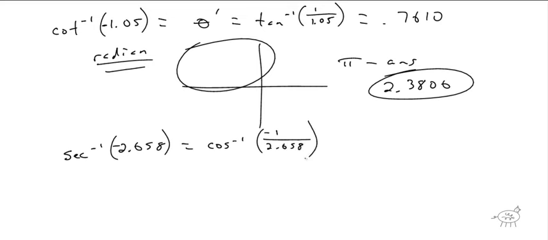So you're allowed to take the reciprocal of a ratio, as opposed to if I said what's the secant of 30, that's not cosine of 1 over 30. That's bad. It's 1 over the cosine of 30. So anyway, inverse cosine of negative 1 divided by 2.658 gives you 1.9565.